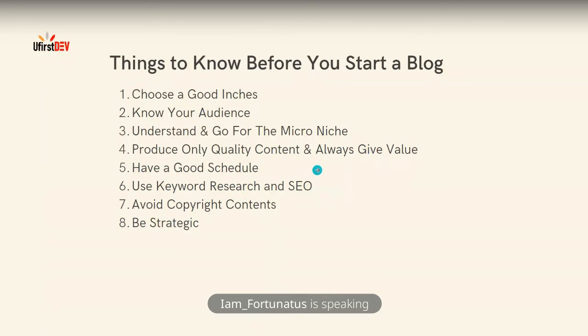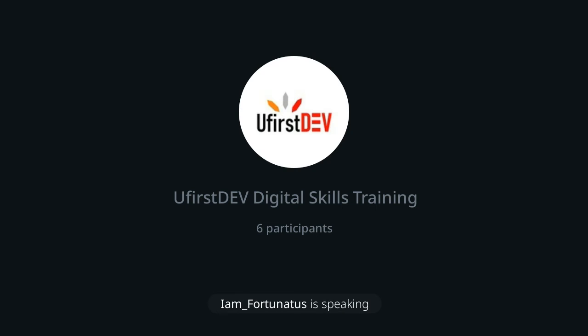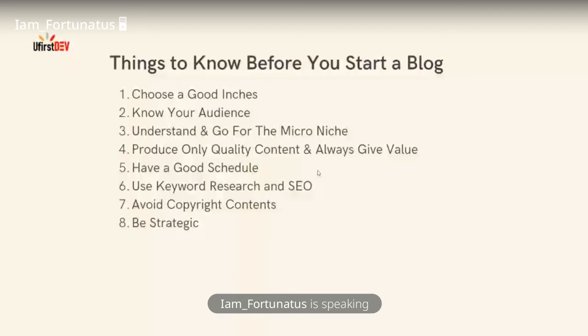So always give value. It's very, very important. And have a good schedule for your posting. If you want to post once a day, post once a day. If you want to post twice a day, post twice a day. If you want to post once a week, make it count, make it valuable, make it very high quality.